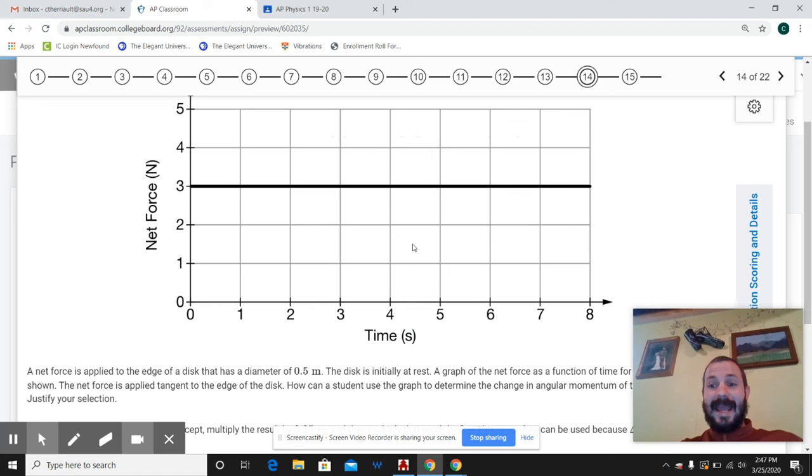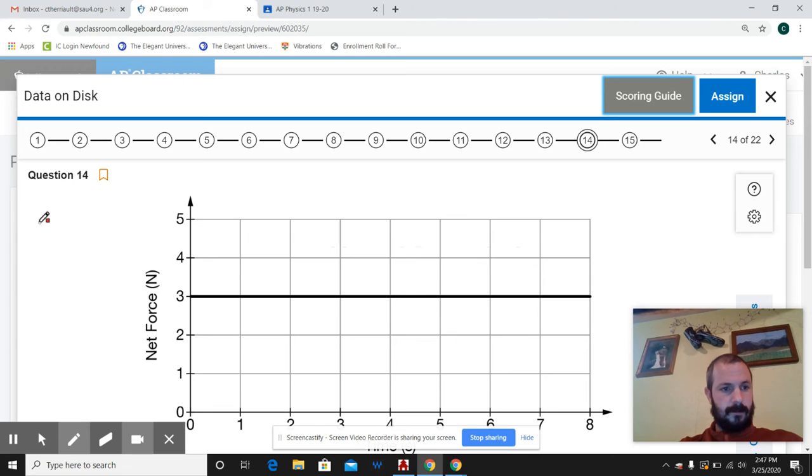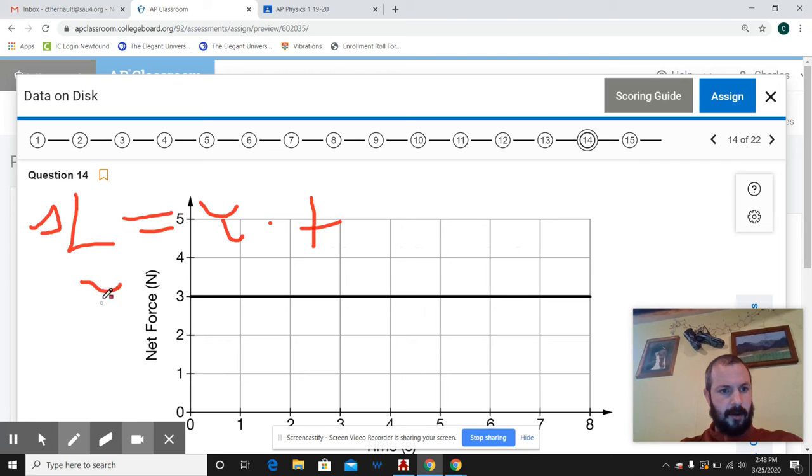So change in angular momentum is this equation. And then, of course, we have to define torque. This is tangential, so we don't have to worry about sine theta.